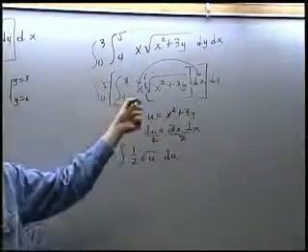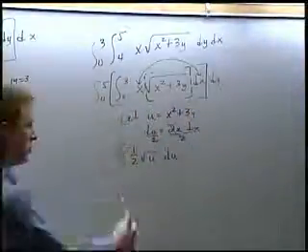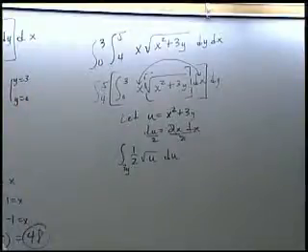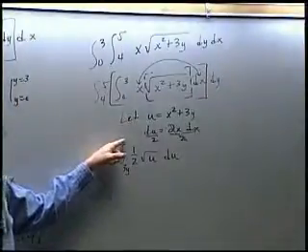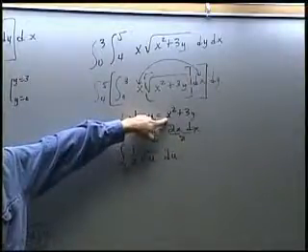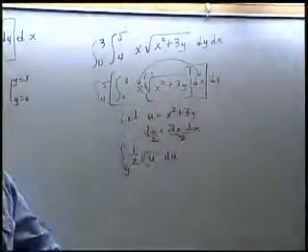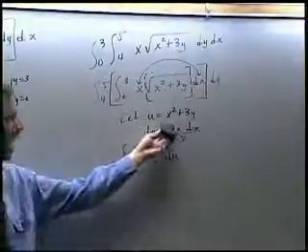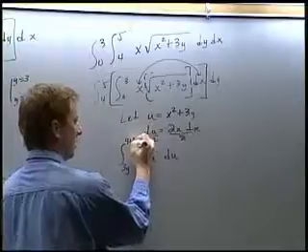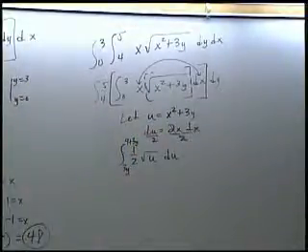I get 3y, right? 0 plus 3y. So the lower boundary is now u equals 3y. And what's the upper boundary if I sub in a 3 here? Nine plus 3y, right.